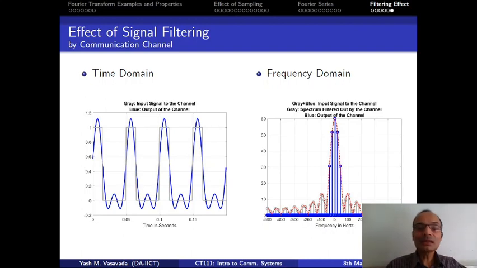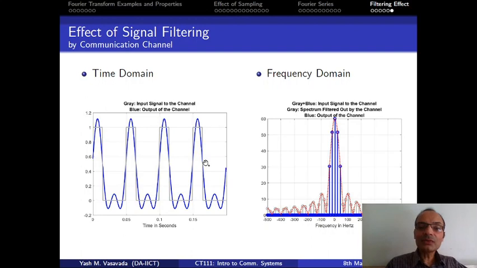The way the signal is getting transmitted, the way it is passing through the wireless channel, the electromagnetic energy, the way it is propagating through either the cables or through a wireless medium, that itself acts sort of like a filter which removes some high frequency components in this example, and because of that the output of the channel at the receiver may be a significantly distorted version of the input.